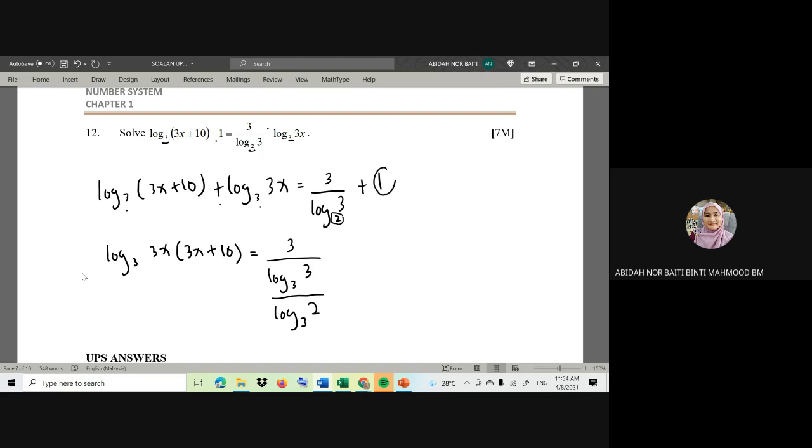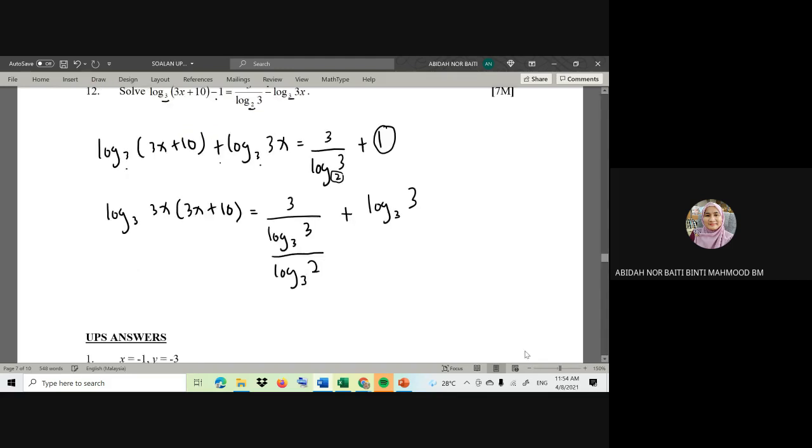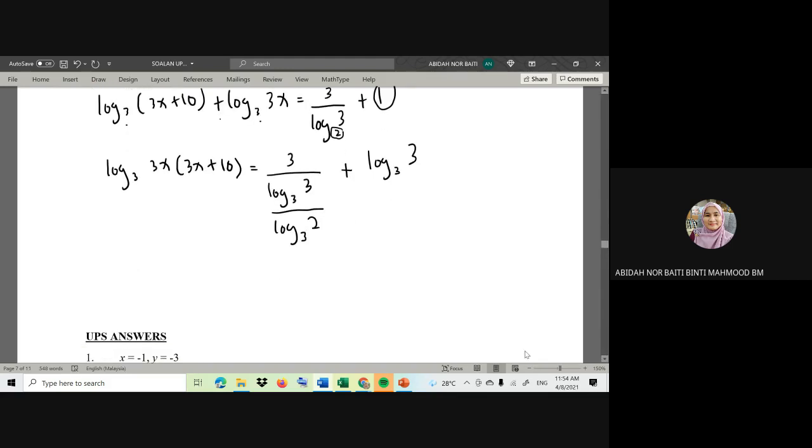Okay, 1. So this is 1 here. 1, we change to log form. 1 equals to what? Log 3, base 3, right? Boleh. Okay, 1 equals to log 3, base 3. Tukar kepada bentuk log. Okay, now here. Ini boleh darab lah. Okay, yang kat belah kiri tu kamu boleh darab.